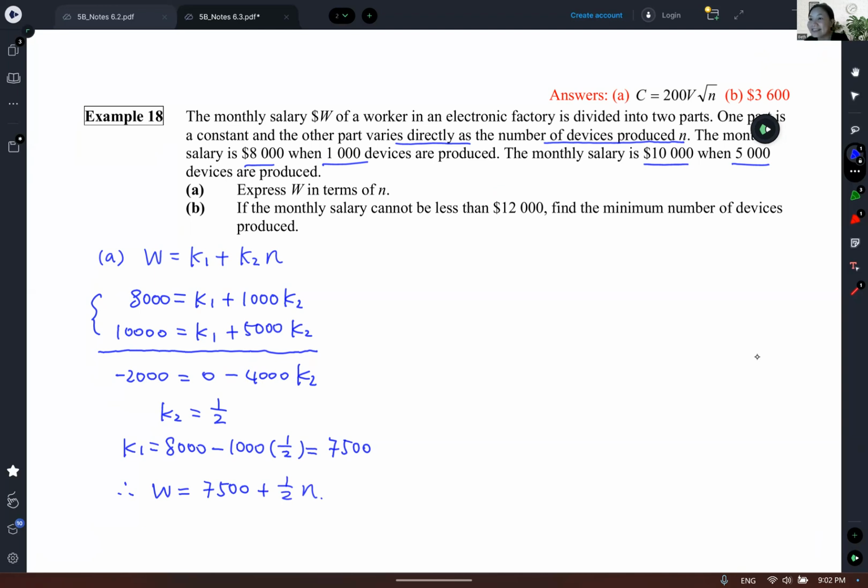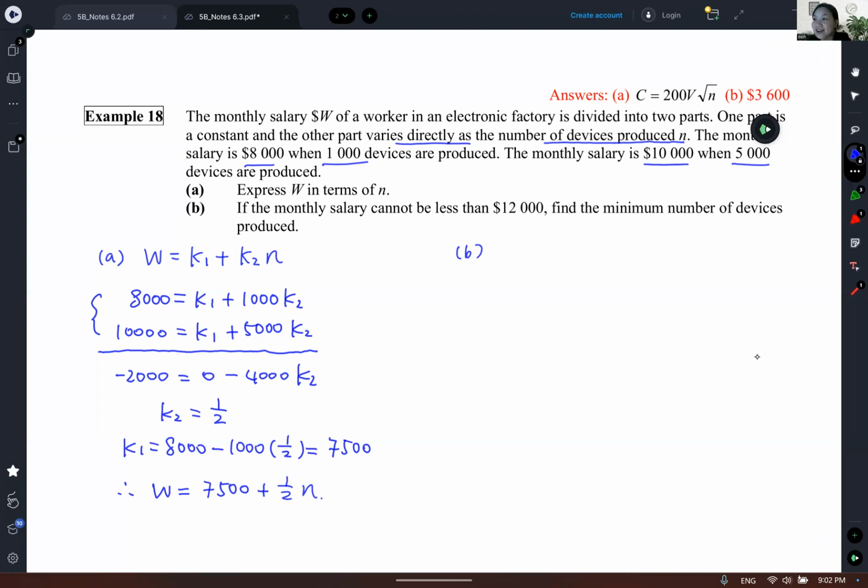Okay. Now, if the monthly salary cannot be less than 12,000, what is the minimum number of devices produced? Now, in this case, because the words cannot be less than are mentioned, I prefer that you solve this by using an inequality. I hope that's fine.